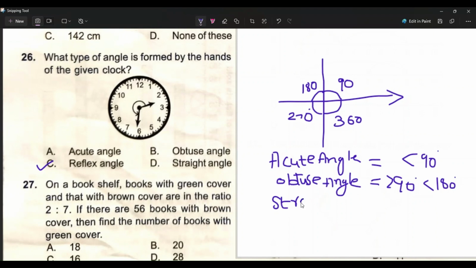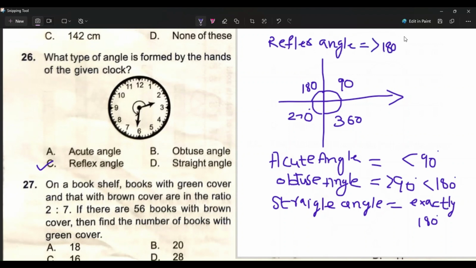Straight angle is equal to exactly 180 degrees. So reflex angle is equal to greater than 180 degrees, less than 360 degrees. So option C is the right answer, children.